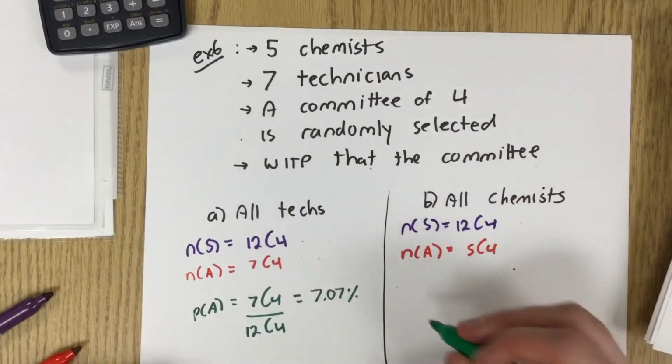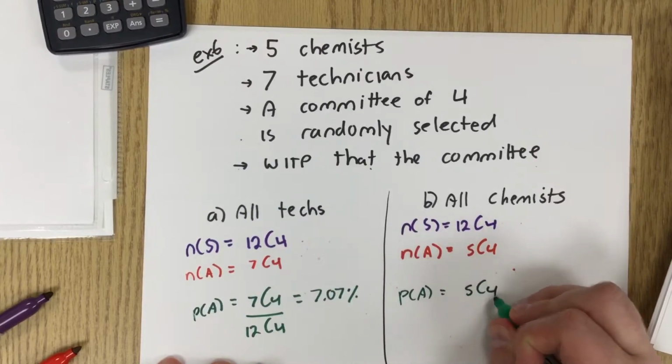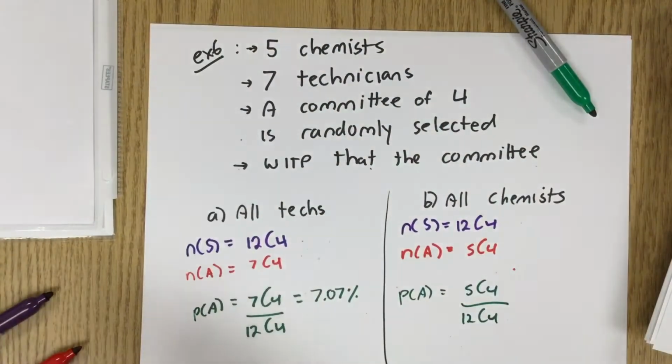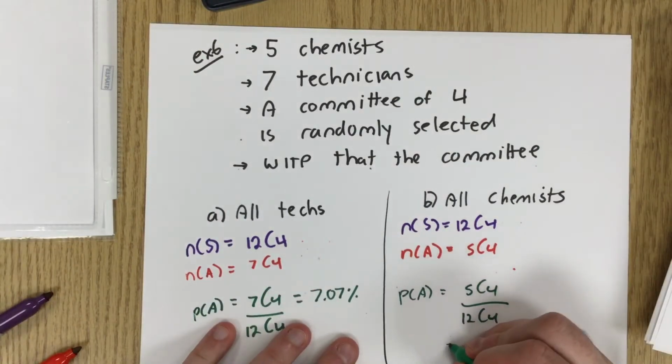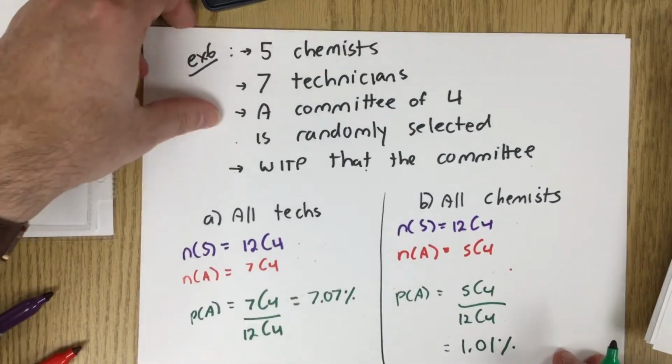The probability is going to be 5 choose 4 over 12 choose 4. That should be a smaller number, and it's 1.01%. Okay.